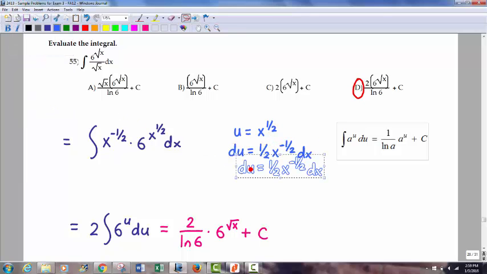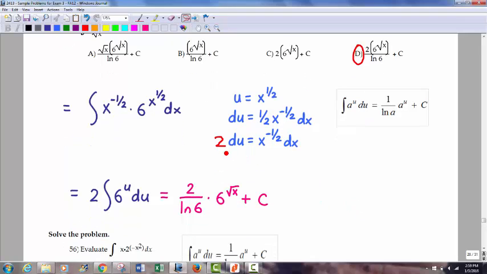I try to freehand all that, it's going to look terrible. So we're dividing by 1 half, which is the same as multiplying by 2, so I'm going to do this and put a 2 right there. And will it let me grab this? Oh, thank you. There we go. So there's the 2. So 2 du, that fits just right.